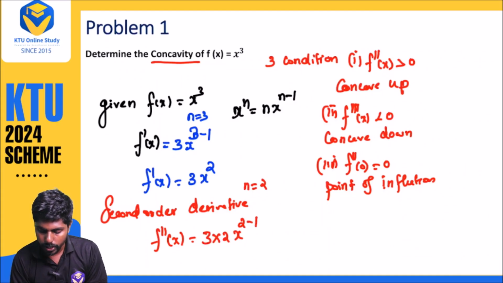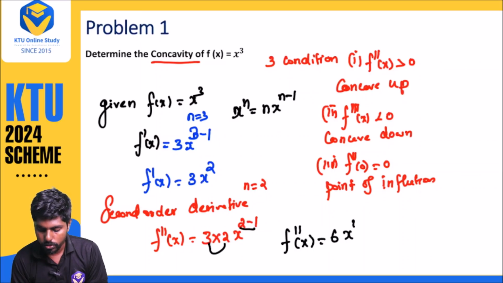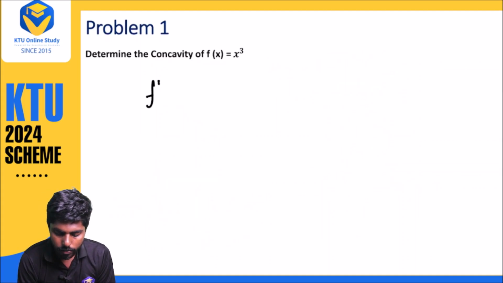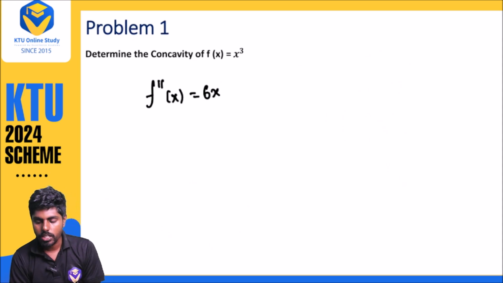So f double dash of x is equal to 3 into 2, it will be 6, x power 2 minus 1, you will be getting 1. So f double dash of x is equal to 6x.